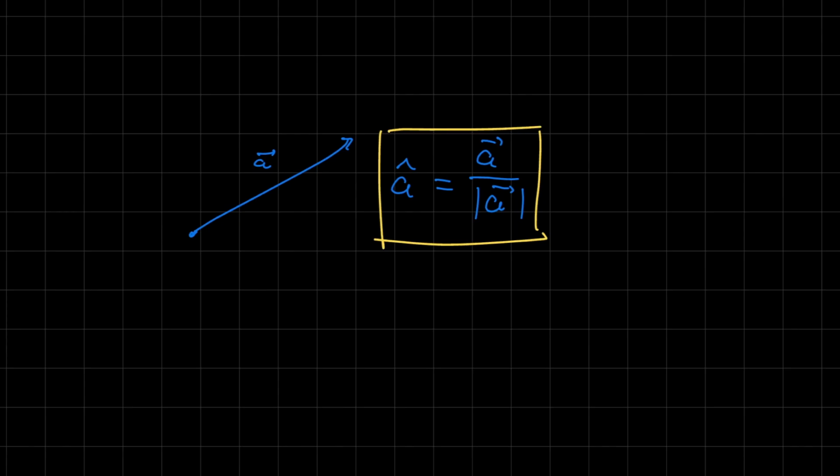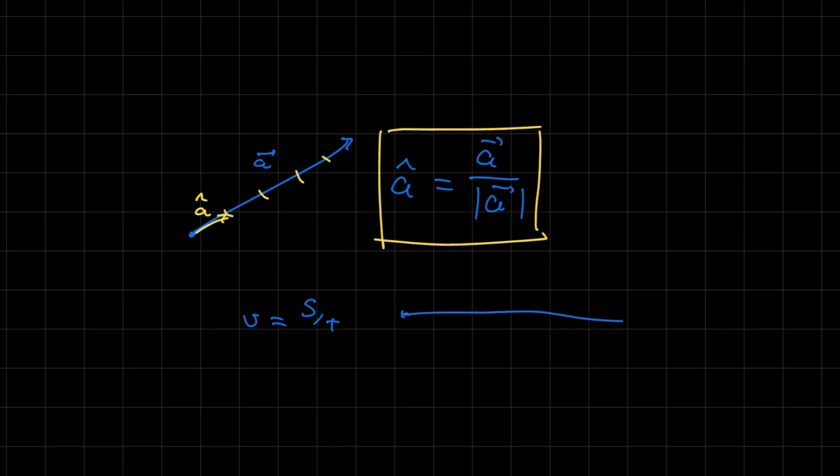You can imagine it like this. If I split this into equal parts, then each part will be the unit vector. It's just like velocity: if you have a road s, then v equals s over t, right?